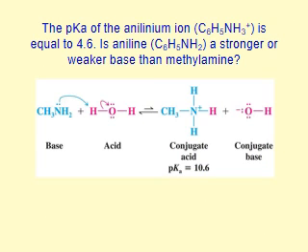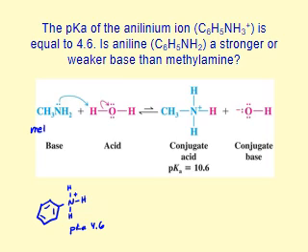All right, so let's consider another problem. They're telling us the pKa of the anilinium ion, which is not shown on the slide, but you're given a figure. So that's C6H5, typically an aromatic ring. Remember that from your functional groups. And we have NH3, with the positive charge on the nitrogen. And this has a pKa of 4.6. And we can see that we have methylamine.